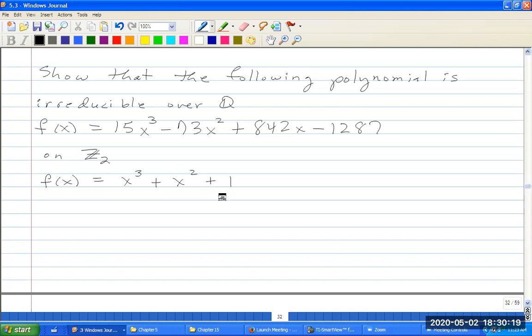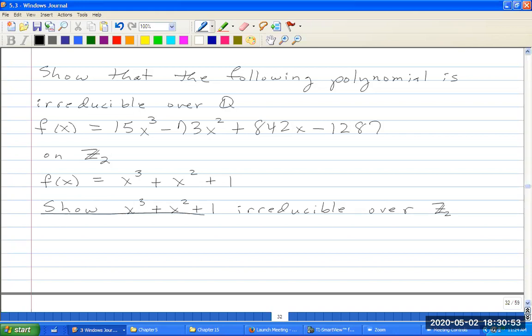Okay, so now let's check to see if this is irreducible. I'm going to show that x cubed plus x squared plus 1 is irreducible over Z2.